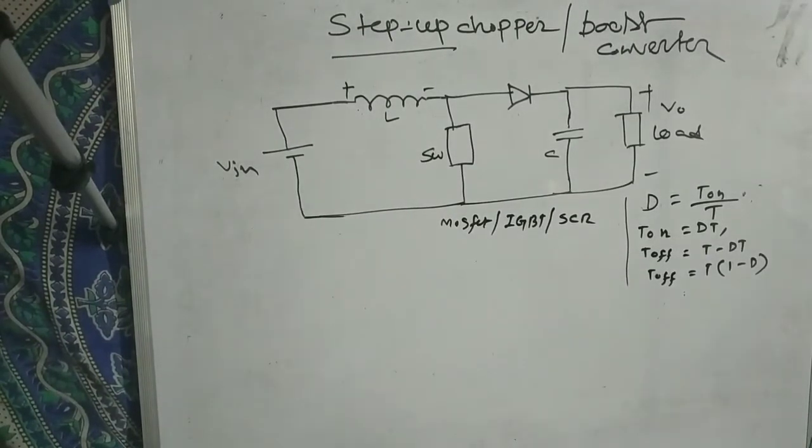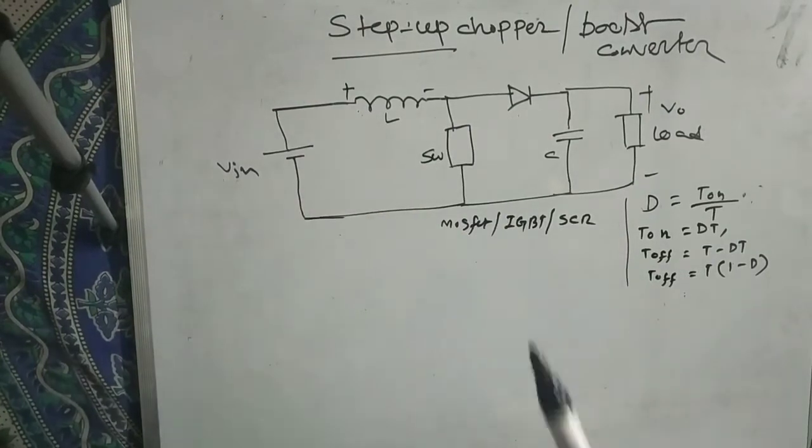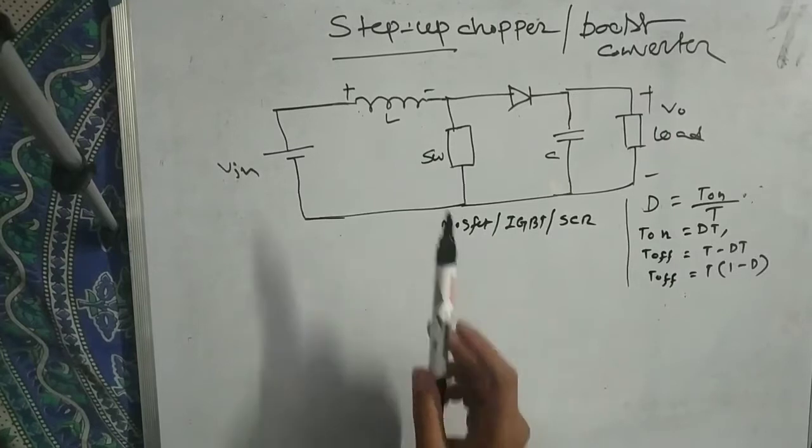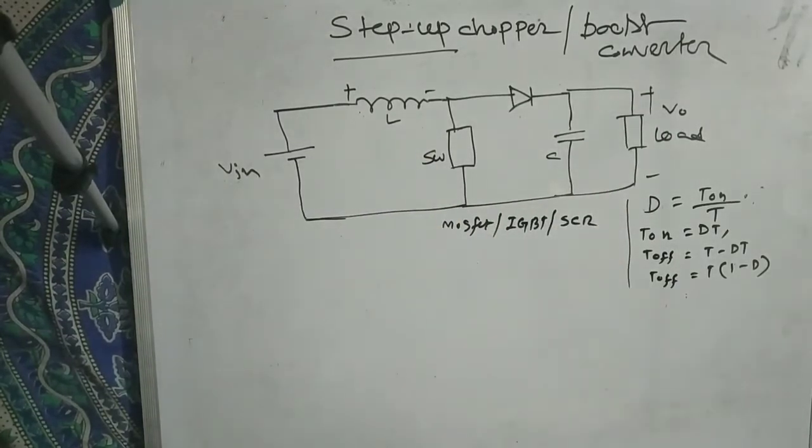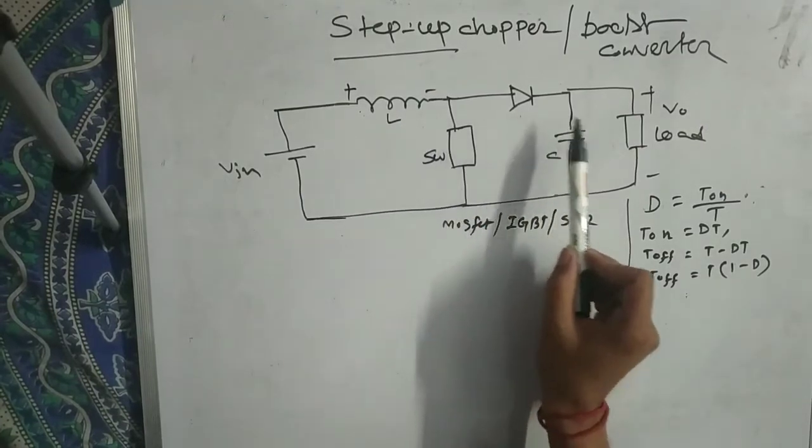Now we have already studied the inductor volt second balance. It means the average voltage across an inductor in any cycle will be 0 for continuous mode of conduction.